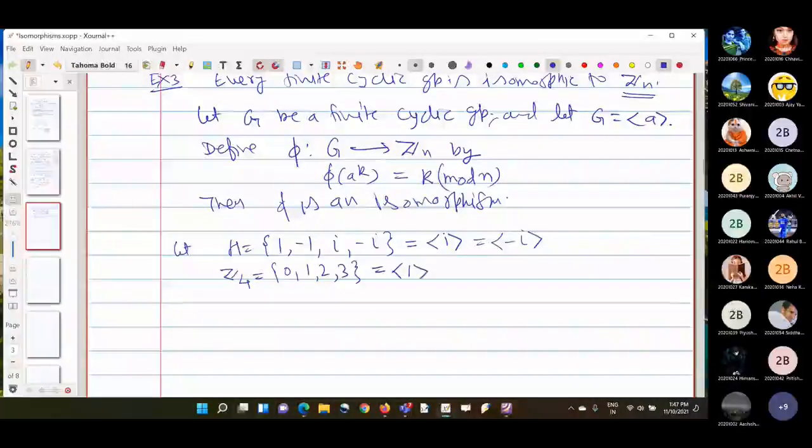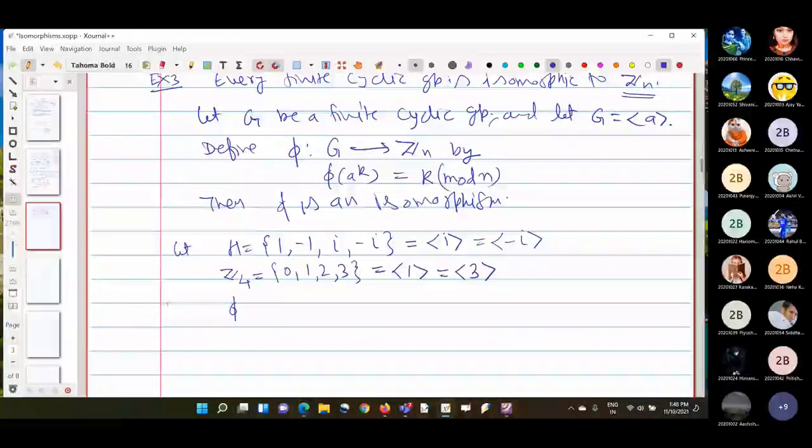Yes, sir. I think you are forgetting everything day by day. What other generators could be there? 3 also, because 3 is inverse of 1. 2 is self inverse. So let us see how this is isomorphic.